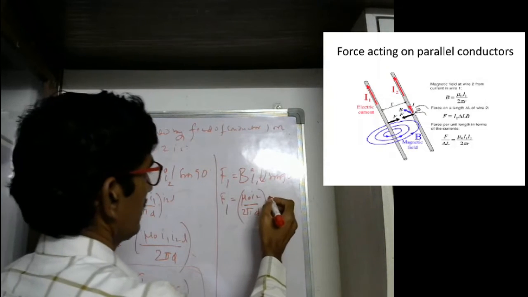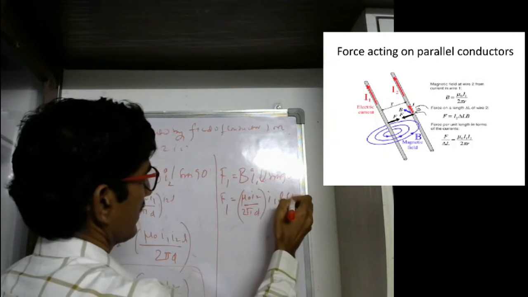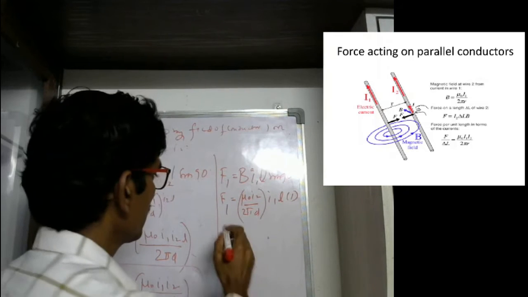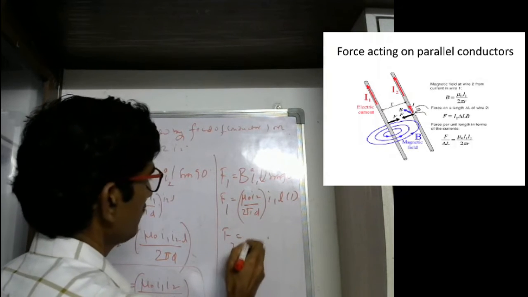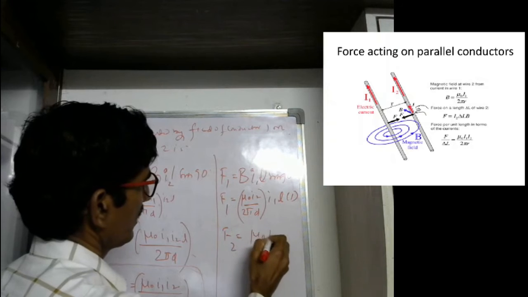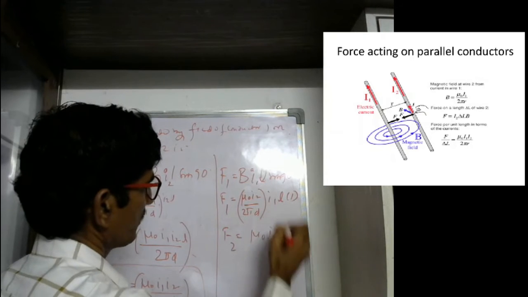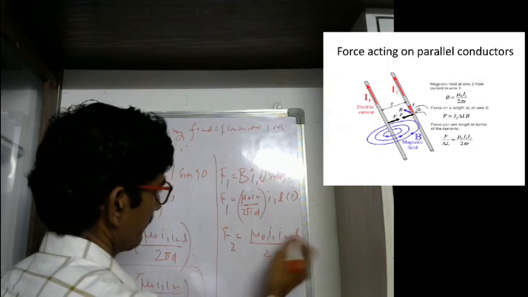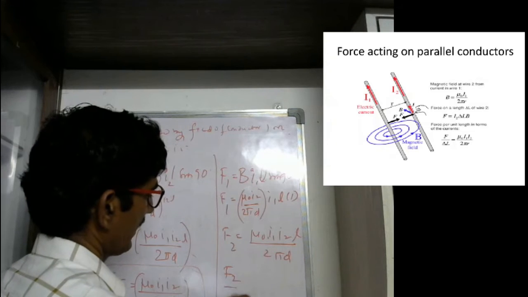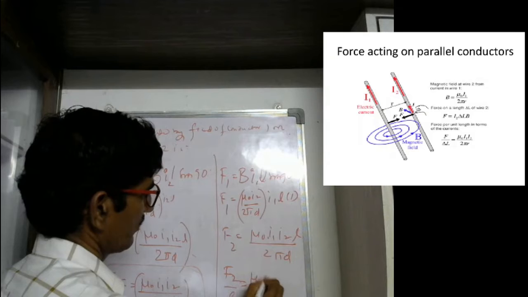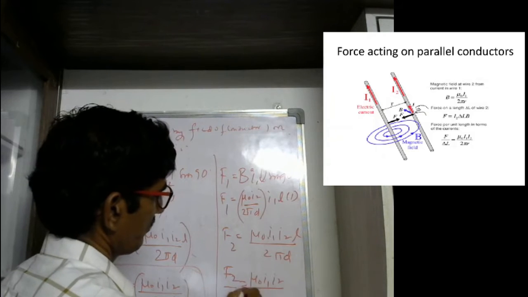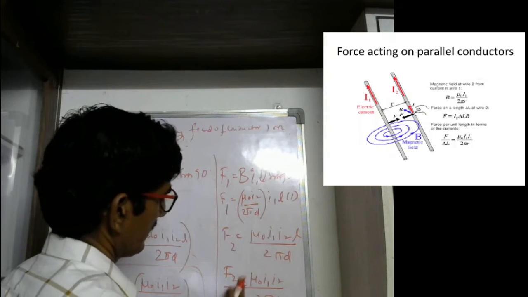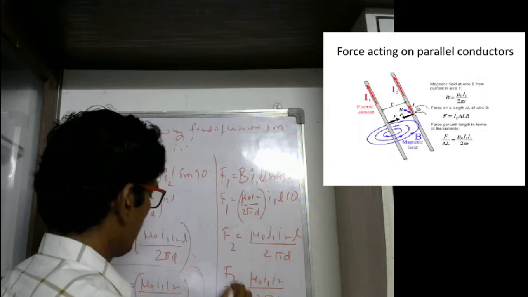So I1 L sin 90 is 1. You need not write this. So what is your F1 now? Mu naught, again I1 I2 L by 2 pi D. If you write this L on this side, this is equal to mu naught I1 I2 by 2 pi D. So what is F2 by L?